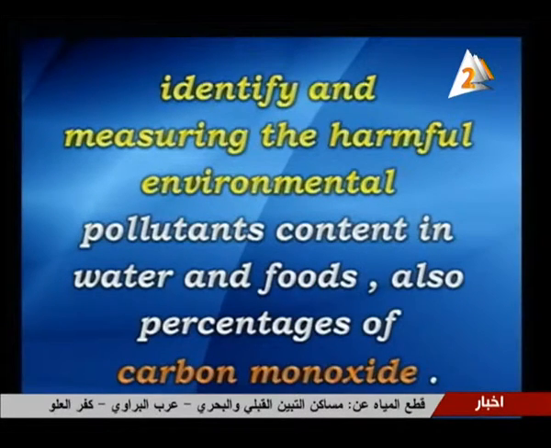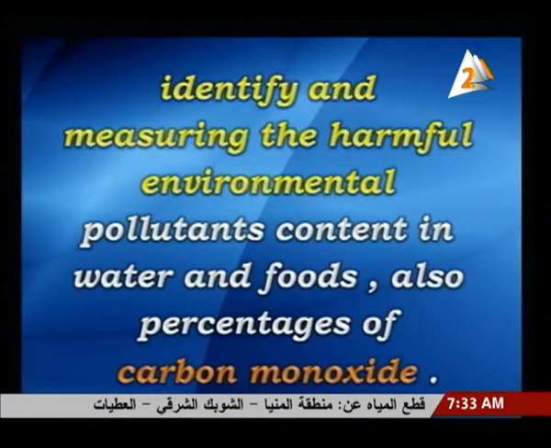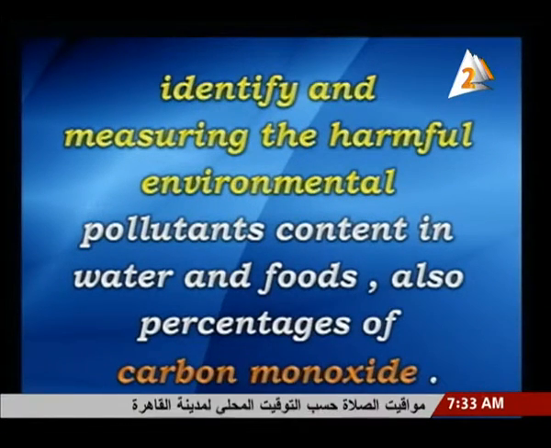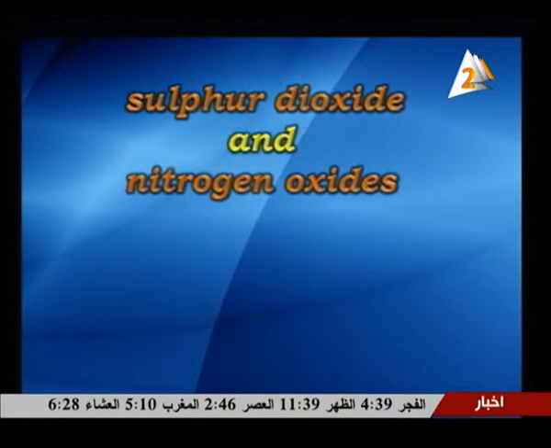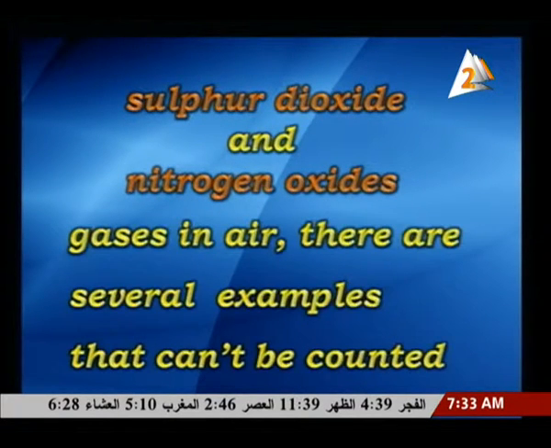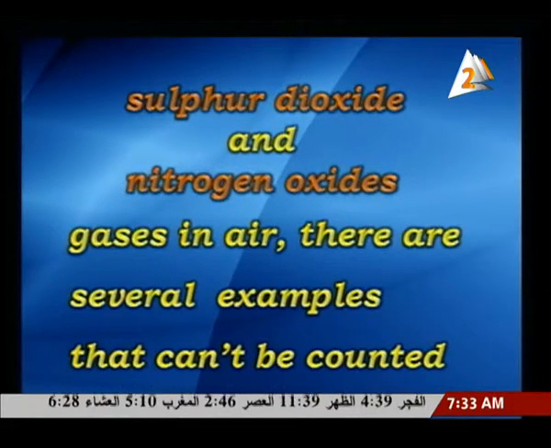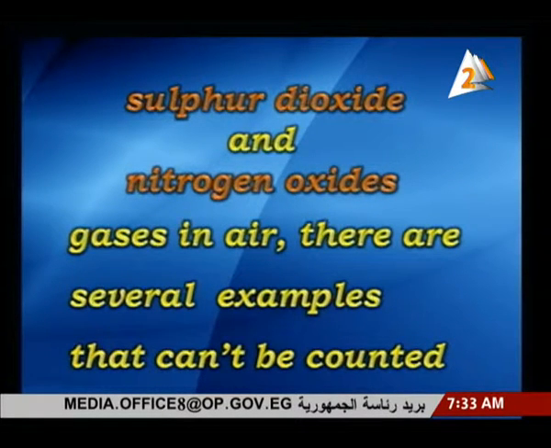Now, what about identifying and measuring the harmful environmental pollutants in water and food? Also, the percentage of carbon monoxide. Take care, carbon monoxide is a very important environmental pollutant. Why? Because here we also have sulfur dioxide and nitrogen oxides produced in the air from many types of industry, from the smoke of factories.